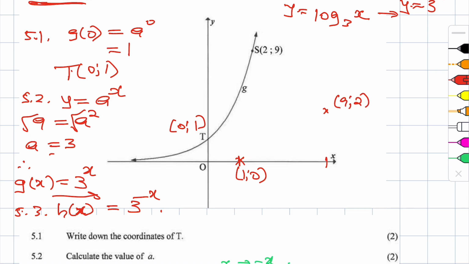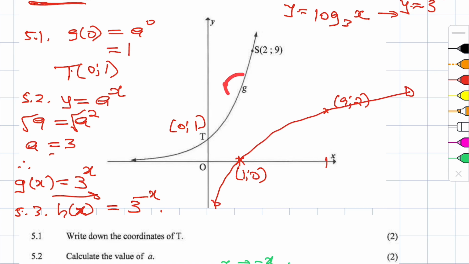And we know that the x-axis was the horizontal asymptote for the graph of g. So for the inverse of g, now your y-axis is going to be your vertical asymptote. So you're not allowed to touch the y-axis. So the graph will go like this.